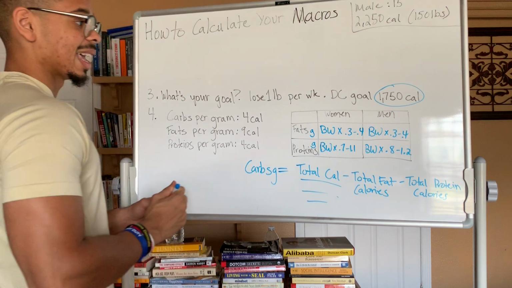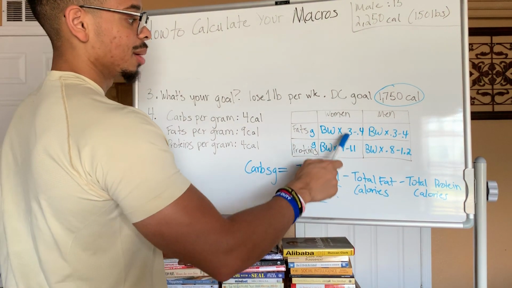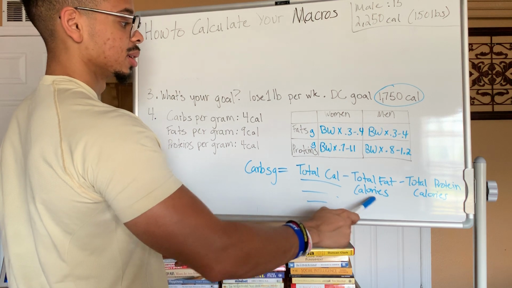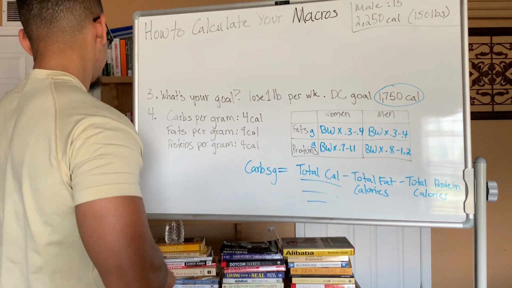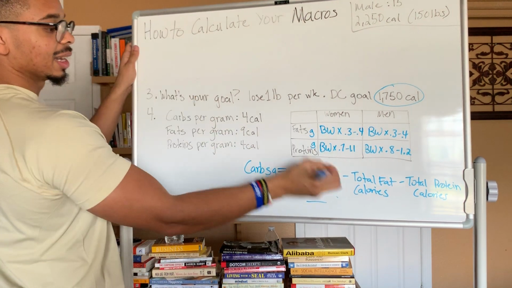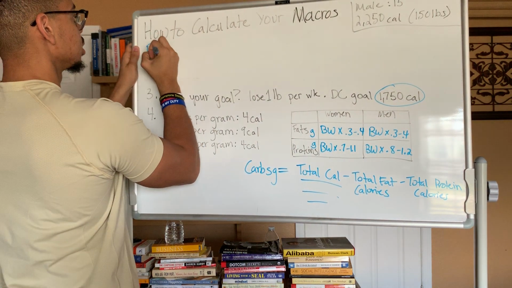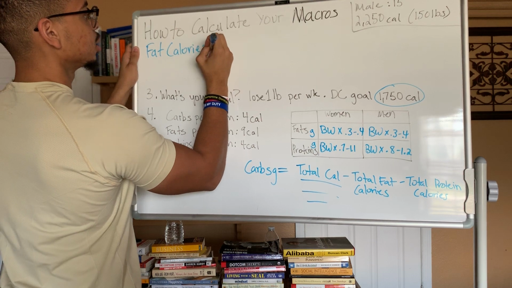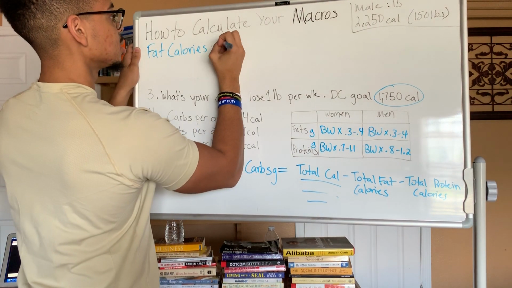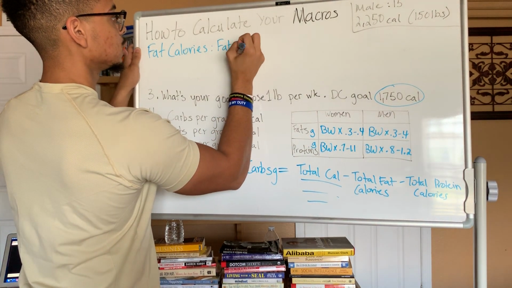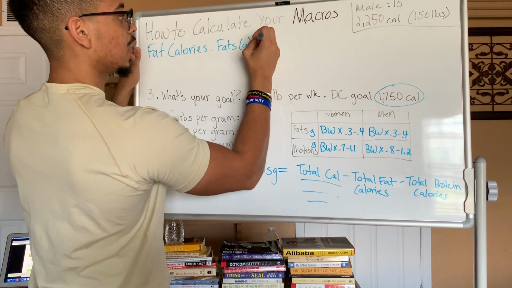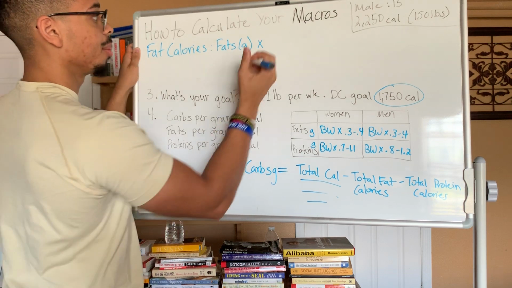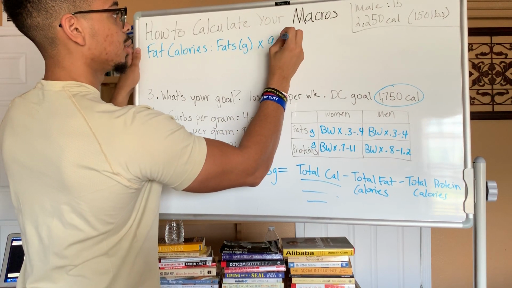As you can see, once we calculate the grams needed in this area, we would just multiply the grams. So I'll write down the formula up here. To get fat calories, we would multiply the fat grams times the calorie number per gram, so it'd be 9 cal.